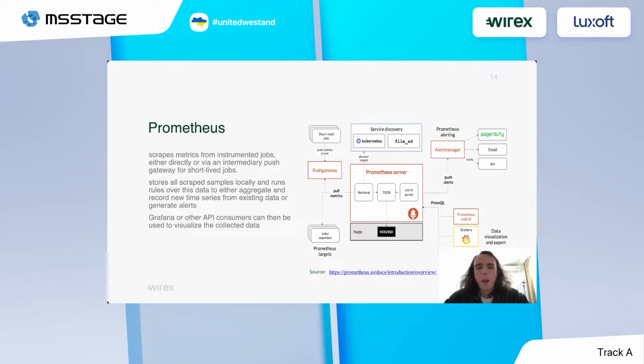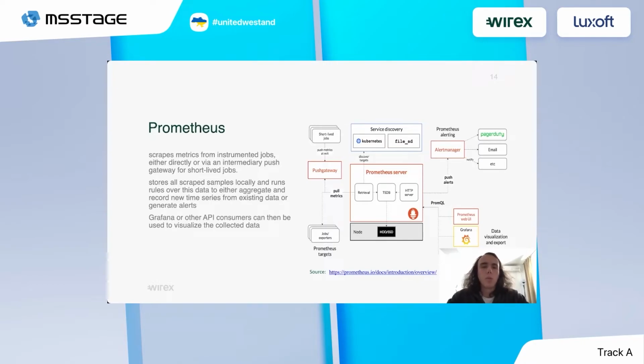Prometheus. Prometheus is a monitoring solution for recording and processing any purely numeric time series data. It scrapes metrics from instrumented jobs either directly or via an intermediary push gateway for short-lived jobs.